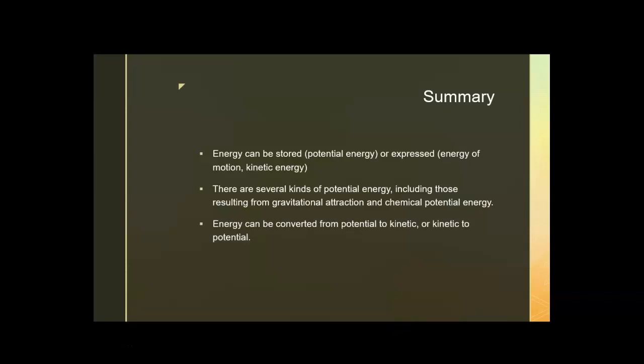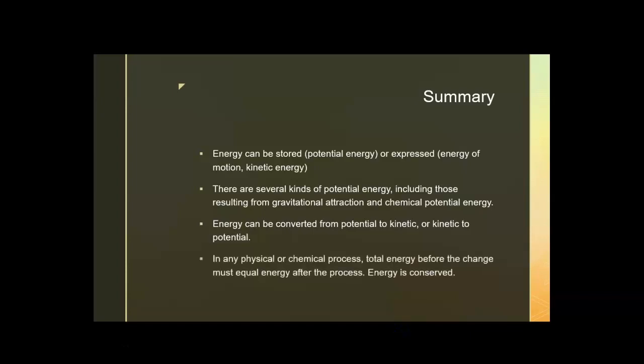Energy can be converted from potential to kinetic or kinetic to potential, and you've seen examples. But in any physical or chemical process, total energy before the change must equal the total energy afterwards. Energy is not created or destroyed, it is conserved.